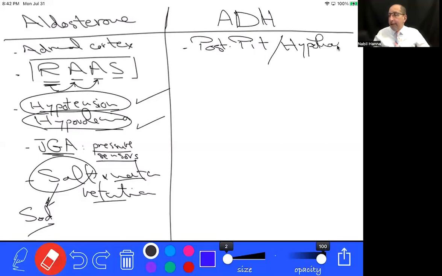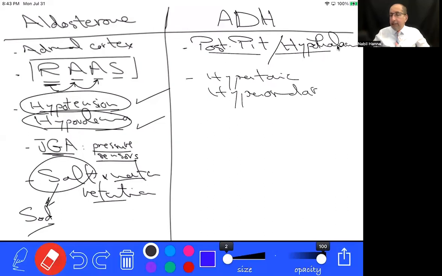ADH comes out from the posterior pituitary gland, and you can consider the posterior pituitary part of the hypothalamus of the brain. What stimulates the posterior pituitary or the hypothalamus to produce ADH? When your extracellular fluid becomes hypertonic, too concentrated, when you are hyperosmolar, you're lost in a desert and you ran out of water.